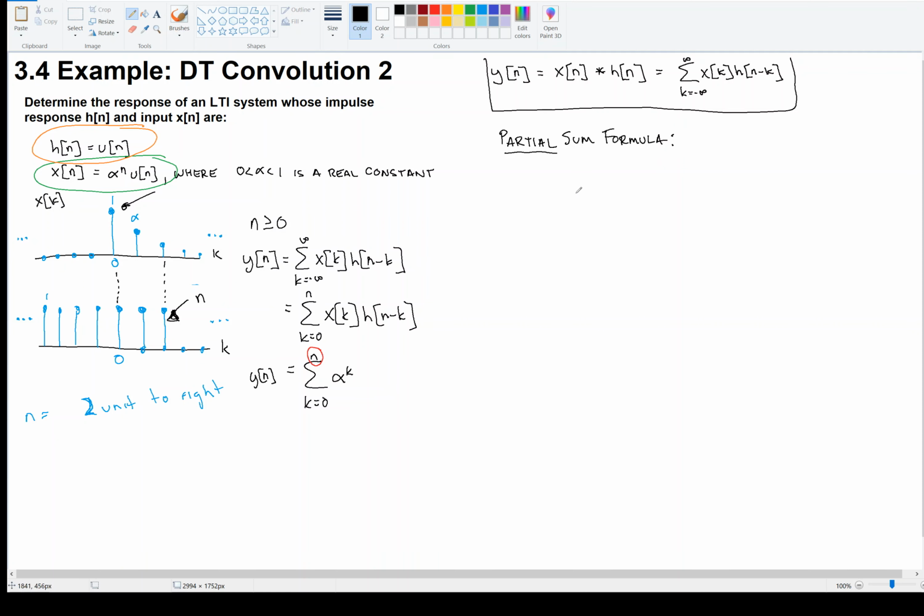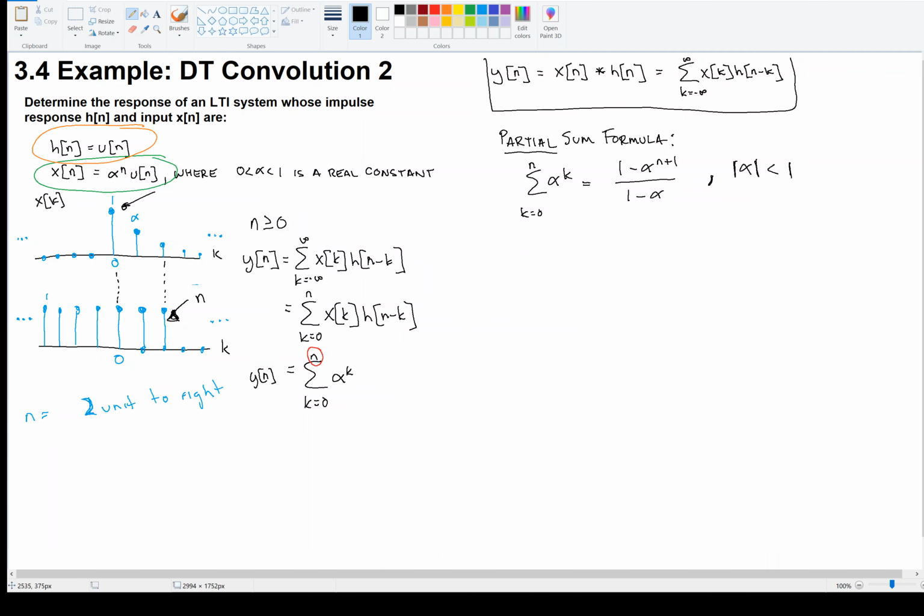The partial sum formula in mathematics says that the sum from k equals 0 to n of alpha to the k, and so this is perfect, our equation is exactly in this formula, is equal to 1 minus alpha to the n plus 1 over 1 minus alpha, so long as the magnitude of alpha is less than 1.